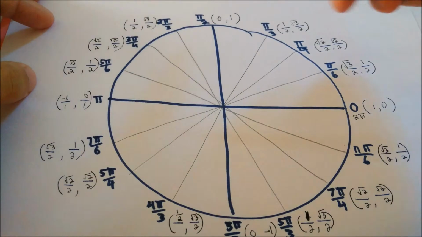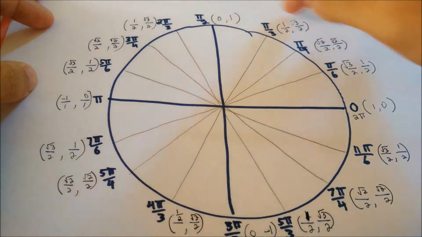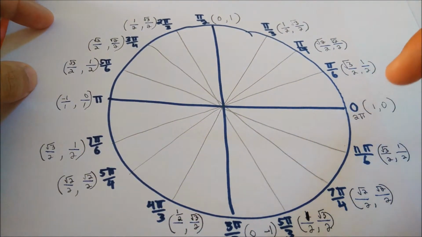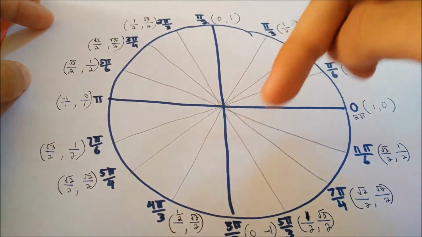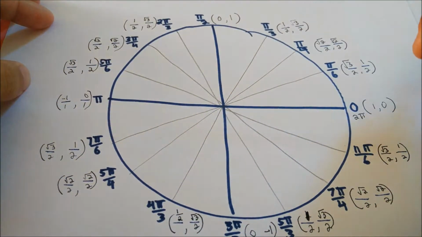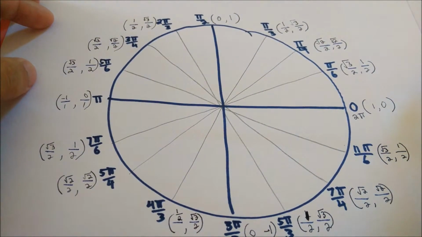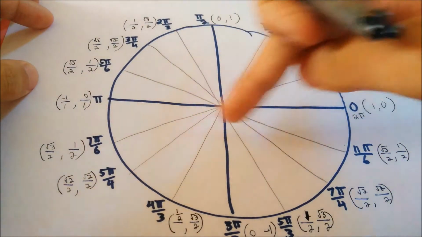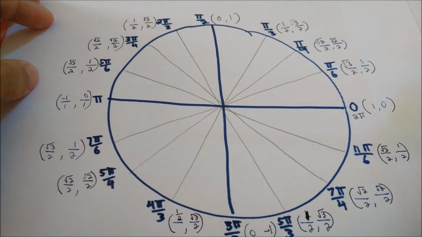Alright, so as you can see now, everything on the right side of the circle is symmetrical to everything on the left side of the circle, and everything on the top side is symmetrical to the bottom side. Now, the only difference between these 4 quadrants are the signs of the x and the y values.